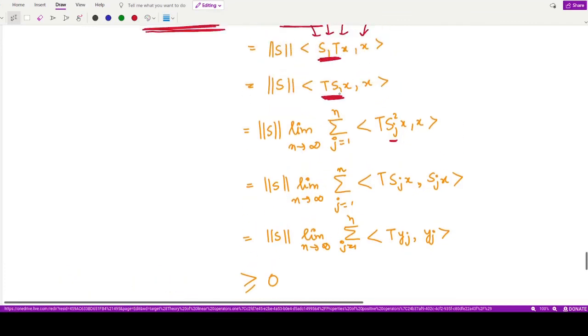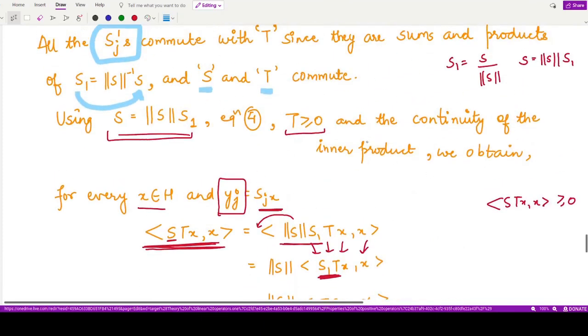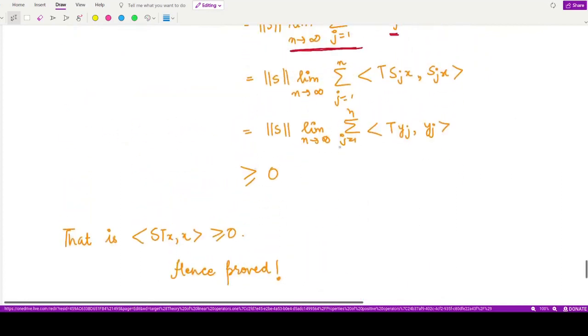So we have just replaced S1 with this limit, n tends to infinity, summation j varies from 1 to n of Sj squared. Now because Sj is a self-adjoint operator, you can shift one of them to this side. So you have TSjx and you have Sjx. And moreover, we have named Sjx as yj. You can see here, all the Sjx are yj, so instead of Sjx, we write yj here.